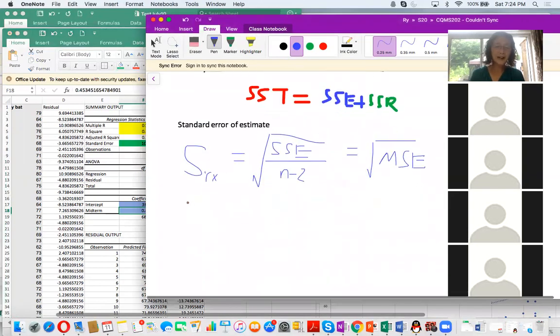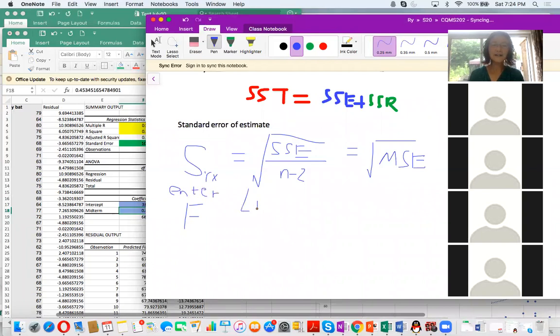Okay, so calculator, you start with the first step: enter data as list 1 and list 2. X is list 1, Y is list 2. After you enter data, you start with the F2 button, calculation. And then you press F6, set.